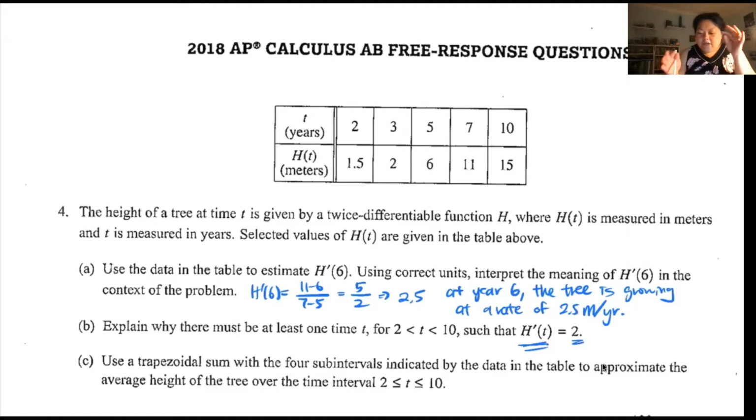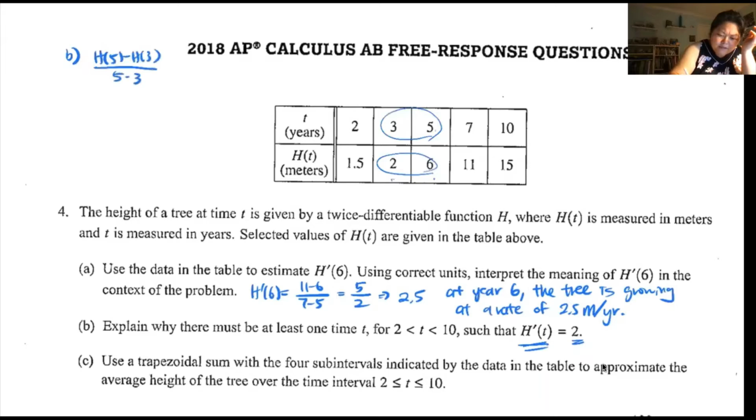So it does take a little bit of guess and check to see which interval will give you the 2. But if I see it correctly, it's this interval right here, because 6 minus 2 is 4, over 5 minus 3 is 2, so 4 over 2 is 2. All right, so for part B, you can say that h of 5 minus h of 3 over 5 minus 3 is really 6 minus 2 over 5 minus 3, which gives me 4 over 2, which is 2.